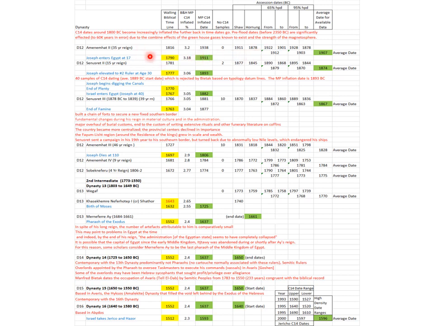So the Egyptologists, Shaw believes that this Amenhotep II started his reign in 1911. Hornung believes it's more like 1878, but our carbon-14 date is at 1907.